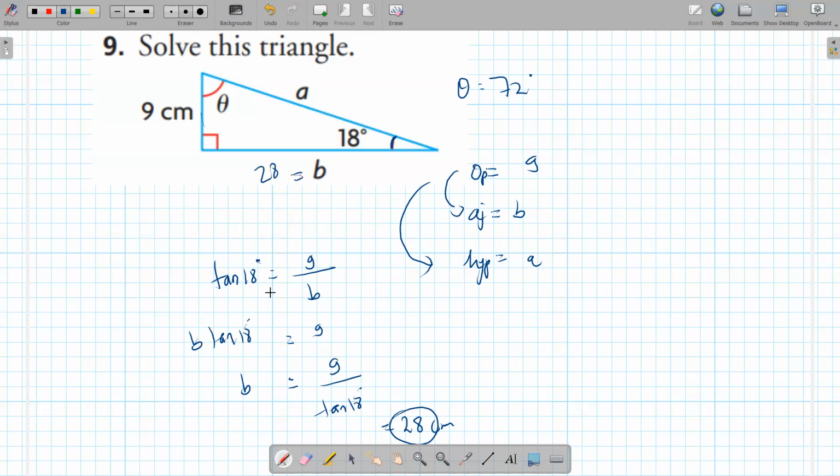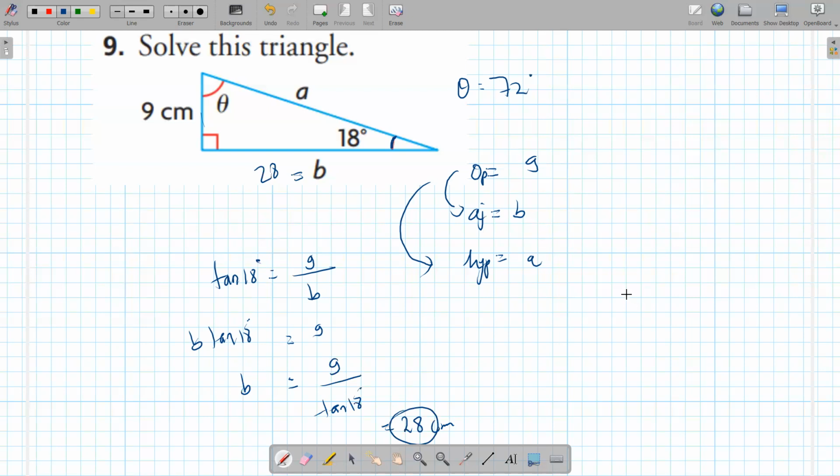How do we find A? By A, I mean, in this case, the hypotenuse of the triangle, the unknown. You could use sine.